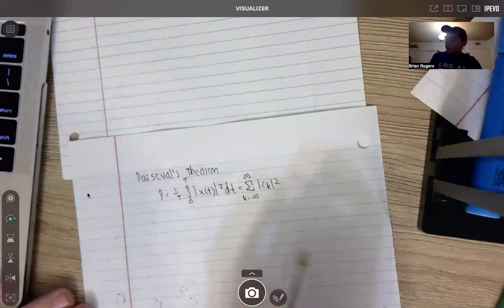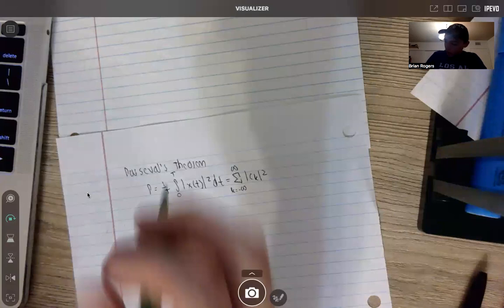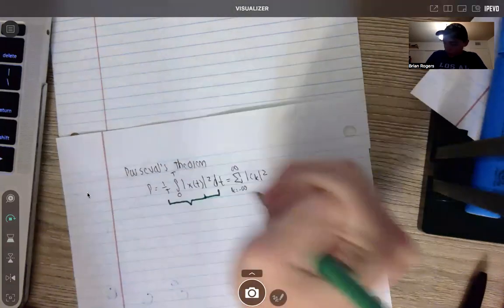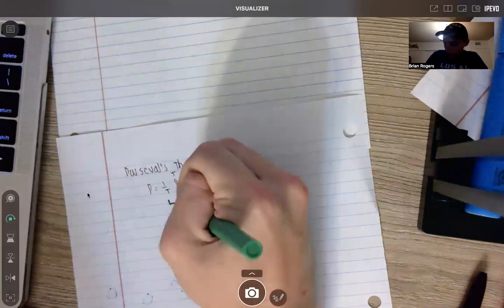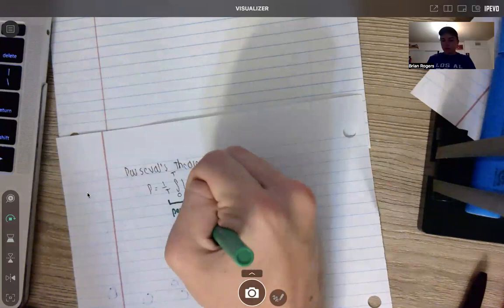Just make sure: power in time domain is equal to energy in frequency domain.